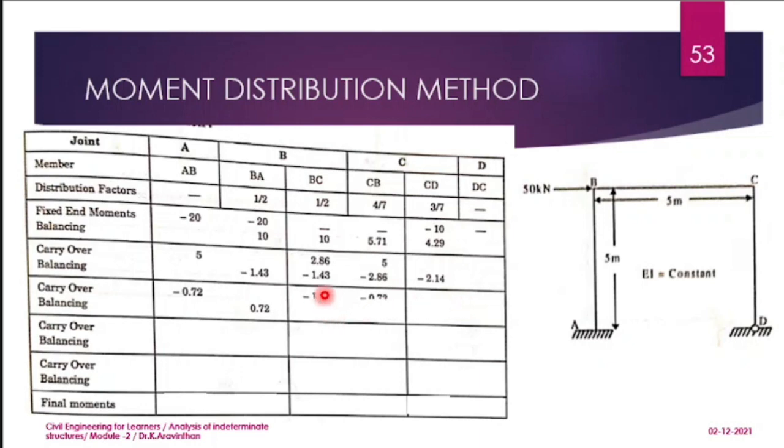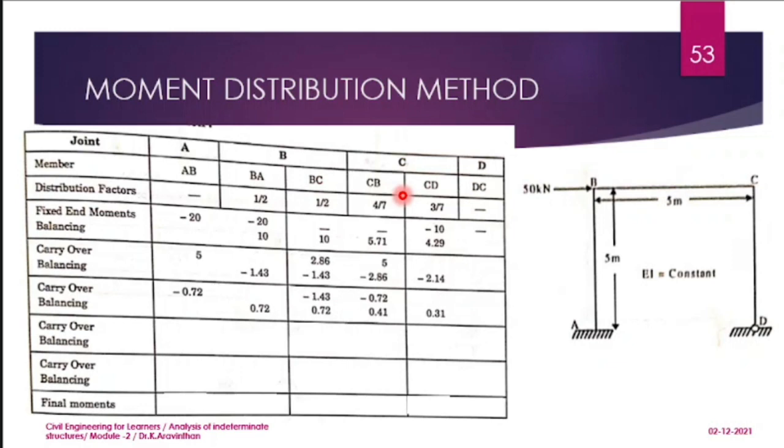You have minus 1.43 into 0.5, which will be 0.72, and the next value will be 0.72. When balancing 0.72, you have to make it into plus 0.72 into 4 by 7. It will be 0.41 and 0.31.